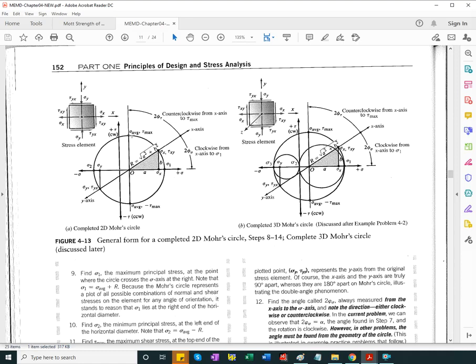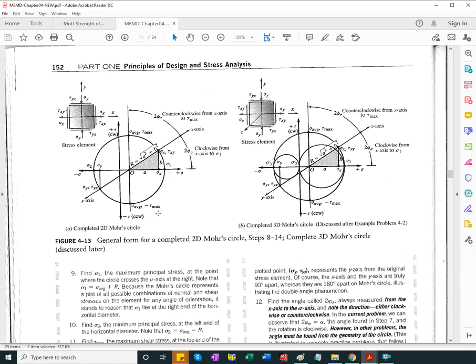Then tau max is equal to the radius of the circle. You take the top and bottom points of the circle, draw a line to the tau axis, and that's tau max. The two points have the coordinates sigma average, on top of and right below the center, and tau max for the y. So it's easy to get sigma 1, sigma 2, and tau max.